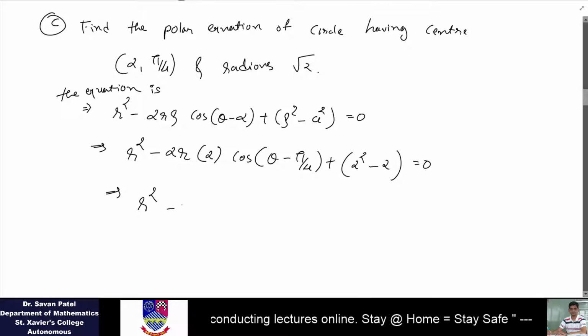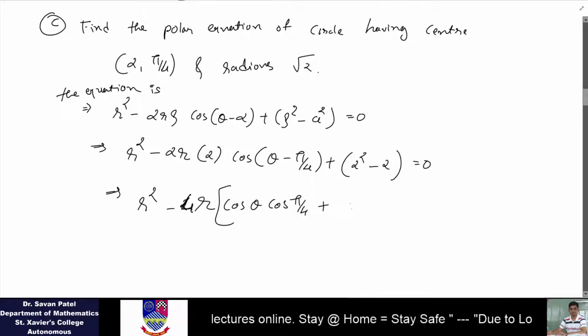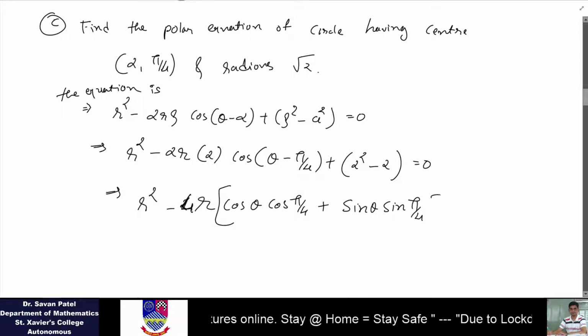That is r square minus 2r, let me write it is 4 because 2 times 2 is 4, so 4r into cos of theta minus pi by 4. So let me write cos theta cos pi by 4 plus sin theta sin pi by 4 plus r square, that is 2 square is 4, and 4 minus 2 is 2, so it is 0.